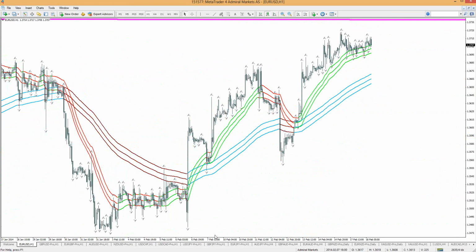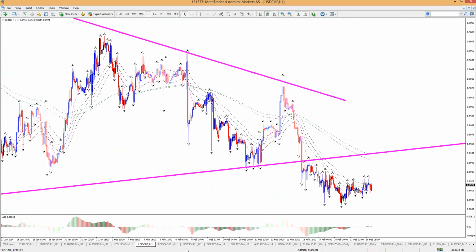Euro dollar not that interesting at the moment either, so that makes sense that the dollar Swissie doesn't seem to be that interesting either, because they are usually roughly correlated, although the euro Swiss franc, of course, also has its own movements.